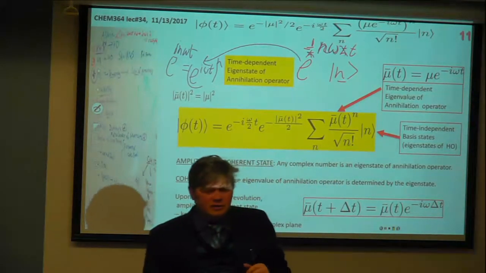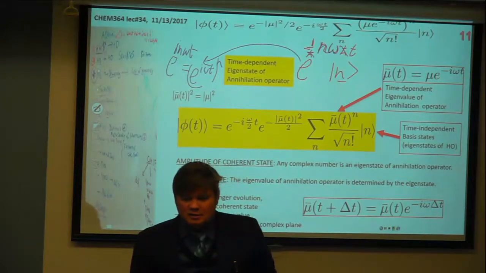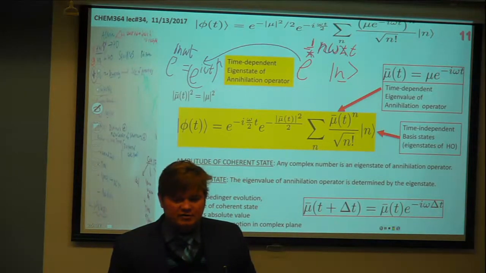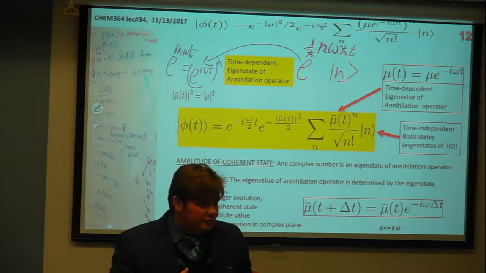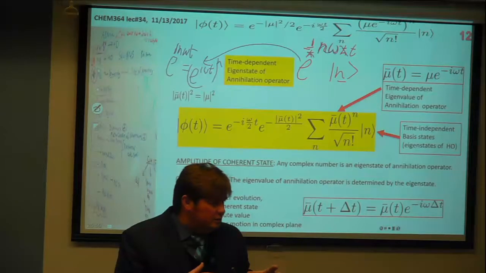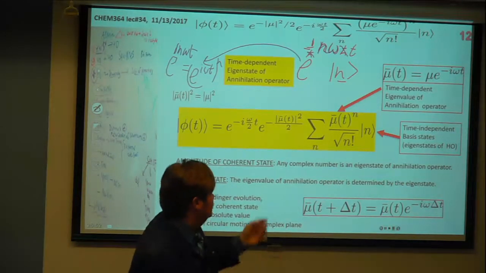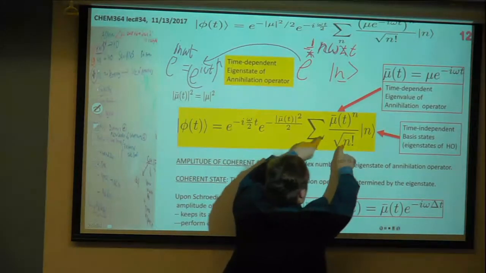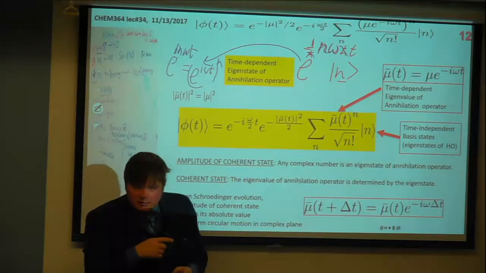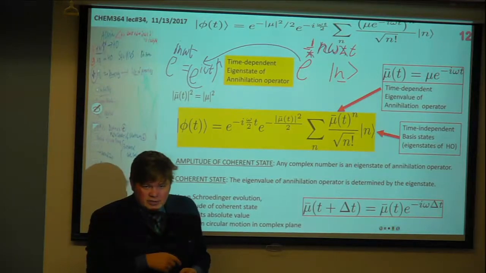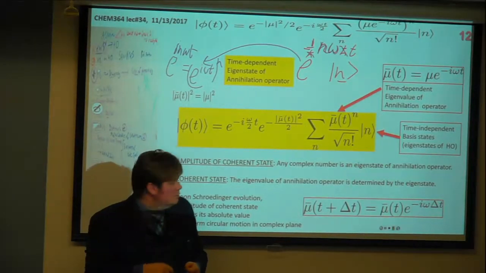It's a little strange, but no one promised that for non-Hermitian operators, eigenvalues will behave well. And the annihilation operator is non-Hermitian, so some strange things are okay. The eigenvalues stay constants if we look at the Hamiltonian, right? And here it is okay. It is the same functional form, but this parameter is rotating in a complex plane. Same amplitude, but different phase.